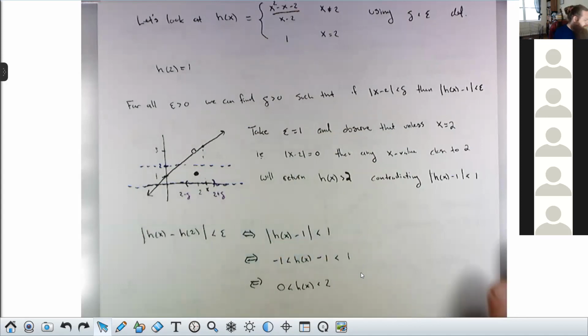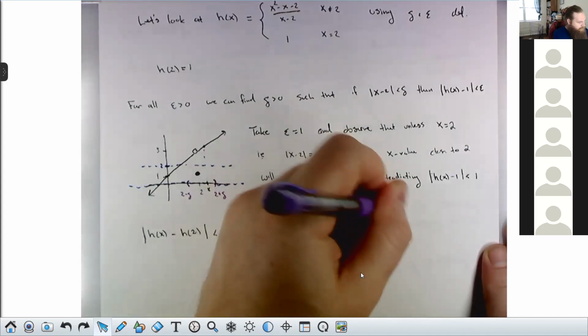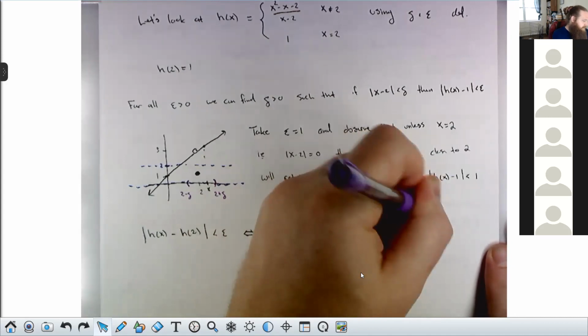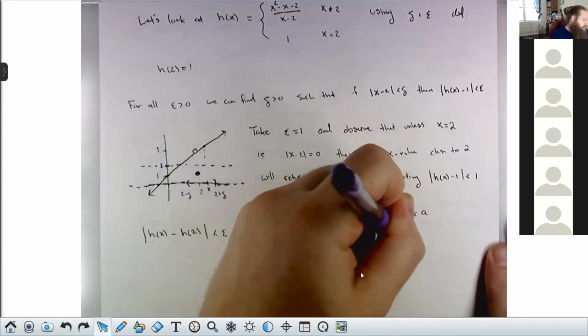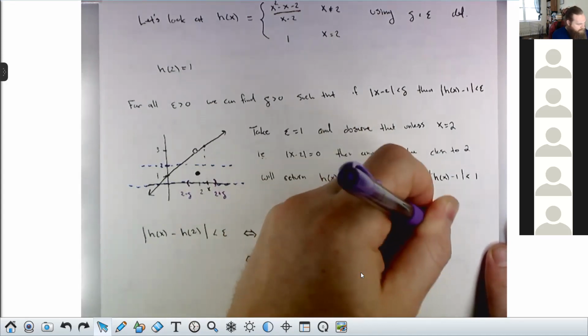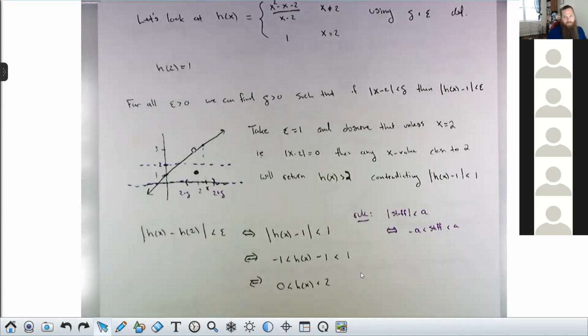So the rule is that if you have the absolute value of some stuff is less than a, what this means is that negative a is less than that stuff is less than positive a. That's what it means. Why the epsilon is equal to 1 here?